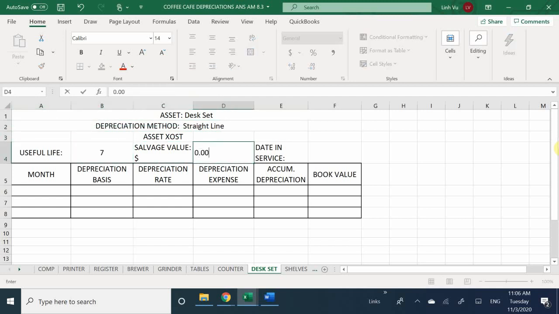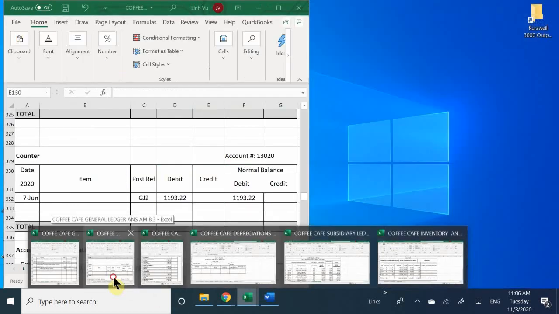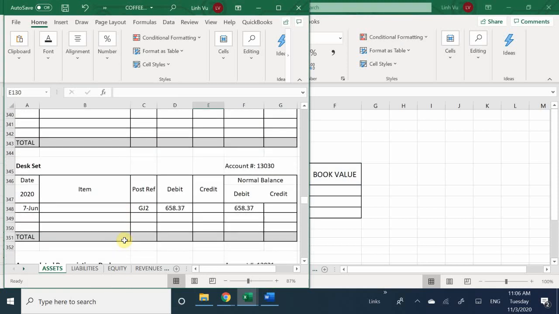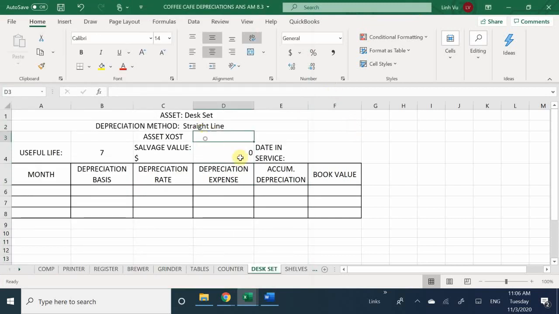No residual value. When and how much is my desk set? June 7th, 658.37, and June 7.